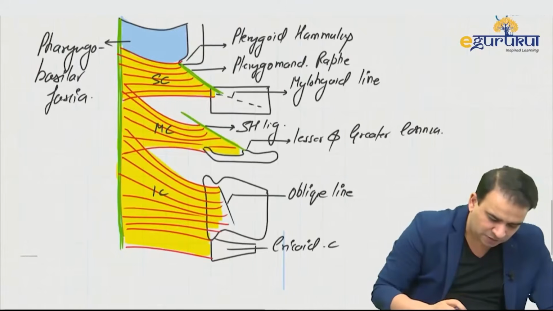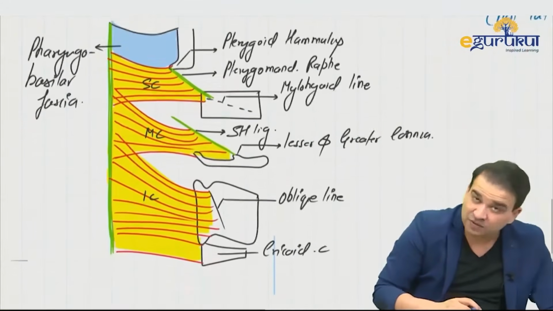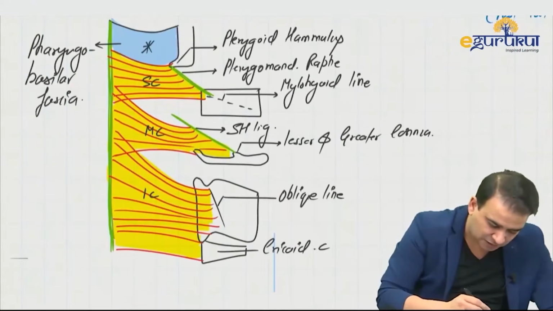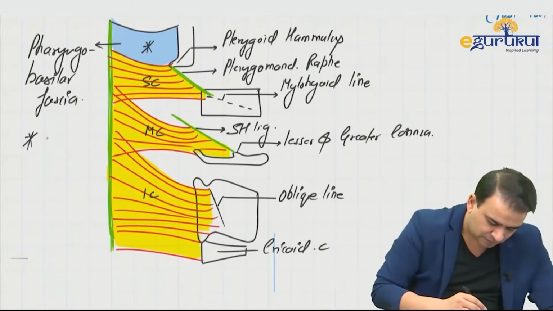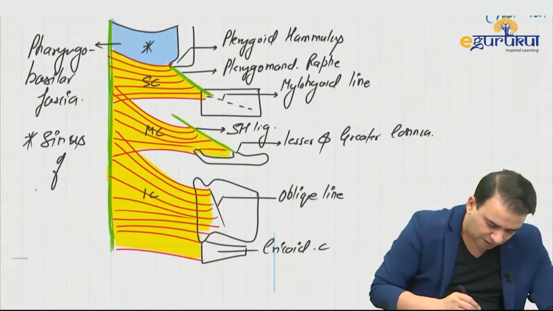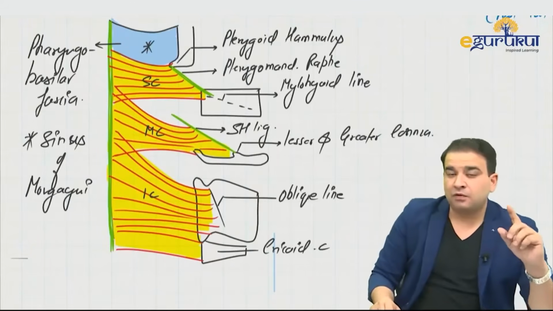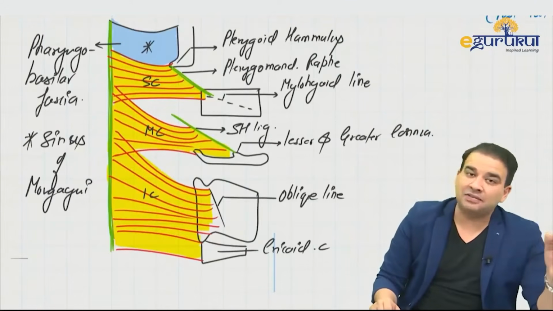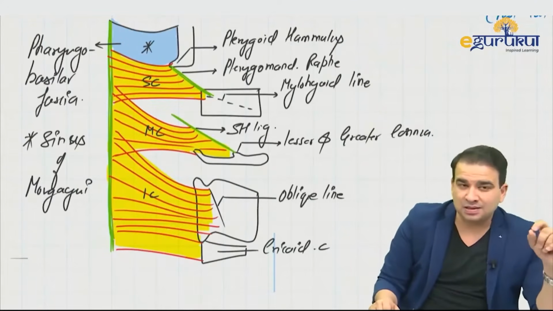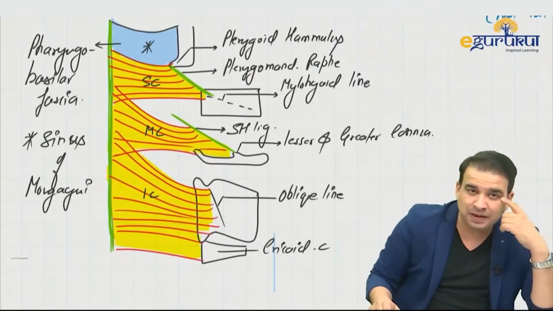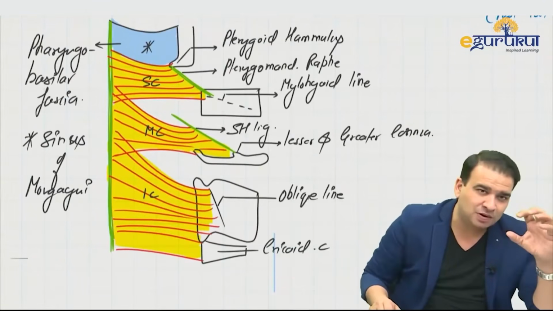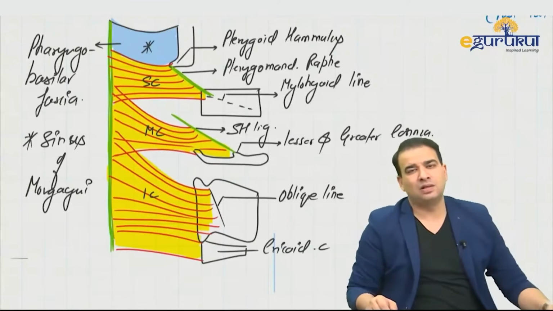And this space, which is covered with the pharyngobasilar fascia, guys, is called the sinus of Morgagni. Remember, the foramen of Morgagni is in the diaphragm. That is the foramen of Morgagni. This is the sinus of Morgagni. It is a space between the base of the skull and the superior constrictor through which certain structures are going in.